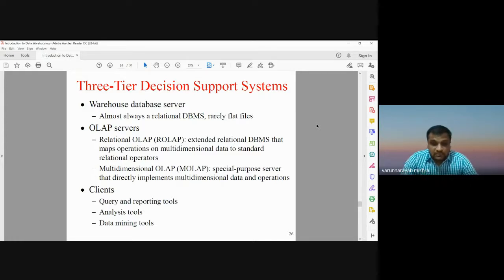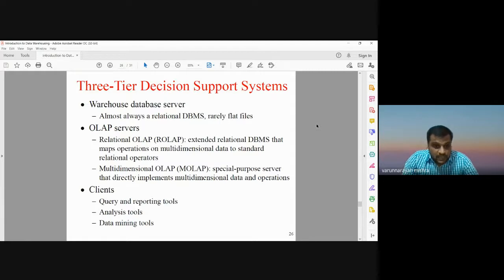It's a specific kind of analytical processing that has the server directly implement the multidimensional data and the operations.